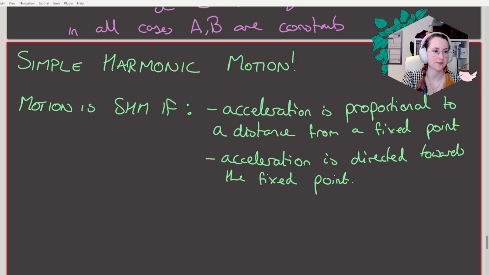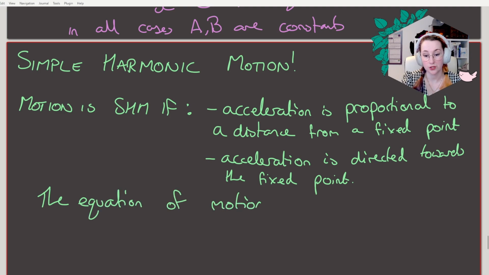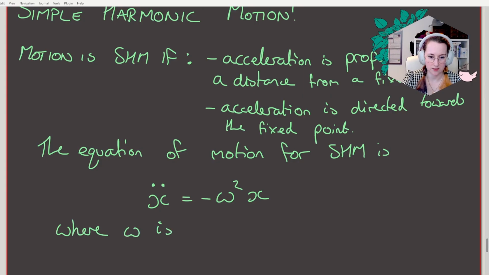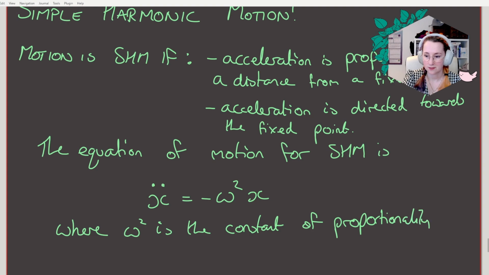the equation of motion for SHM is x double dot is minus omega squared x, okay? Where omega squared is the constant of proportionality, some constant that will come from the system.